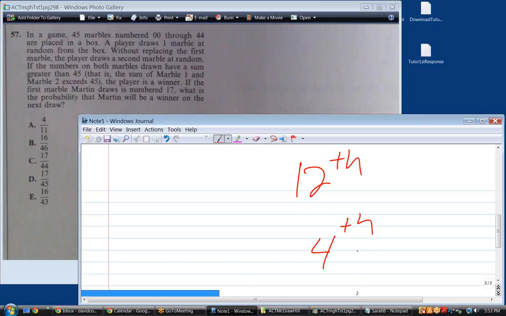In other words, the 4th floor wouldn't count and the 12th floor wouldn't count. The only ones that would count would be 5 through 11. 5 through 11 is 7 floors. So you don't always add one or subtract one. It depends on the situation. In other words, it depends on whether these count in your numbers or not.